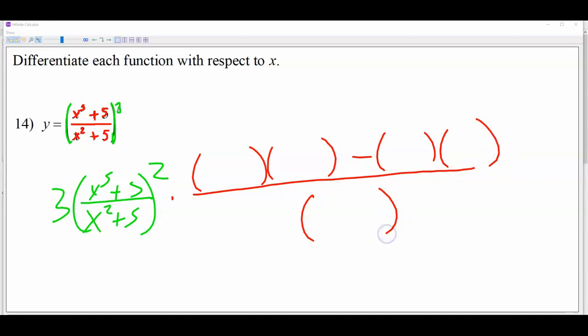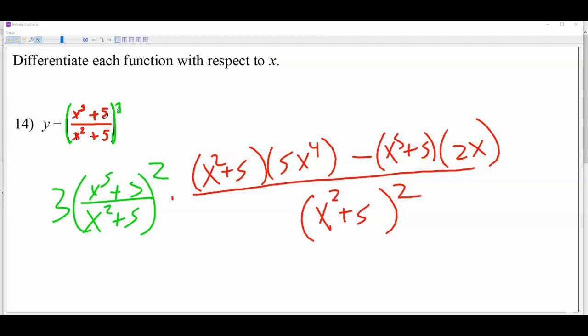Draw a line and square below. So low, d high, minus high, d low. And we're good. All right, so we have a chain rule with a quotient rule embedded within it. And that's it. Once again, I'm not going to simplify this. We're leaving it just that way.